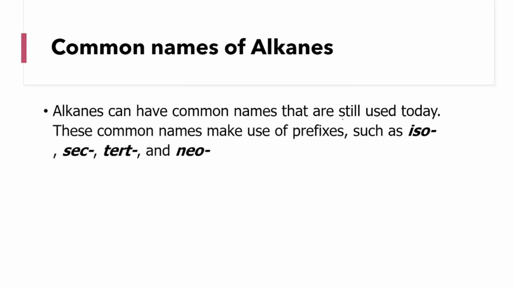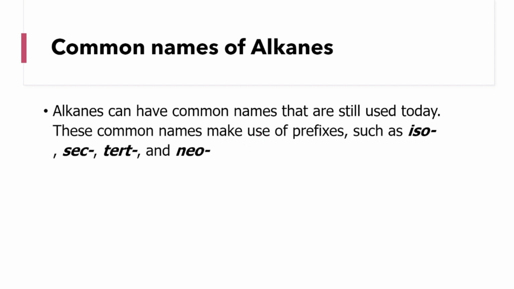Now we come to the common names of alkanes. For the common names of alkanes, we have many examples. Common names are still used today, and there are some prefixes that are used at the beginning of the name of the hydrocarbon to indicate that this hydrocarbon is an isomer of the alkane.